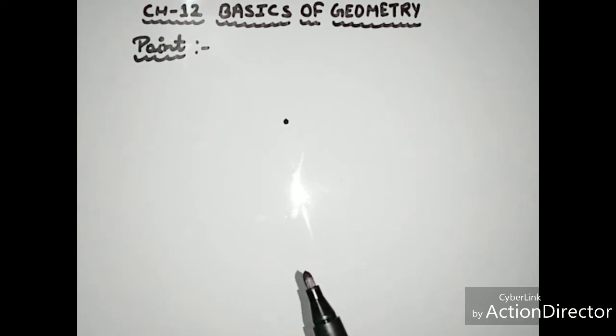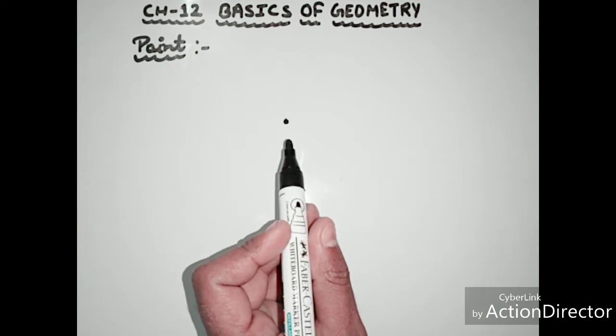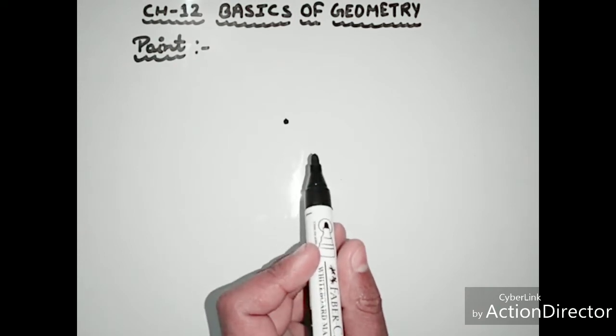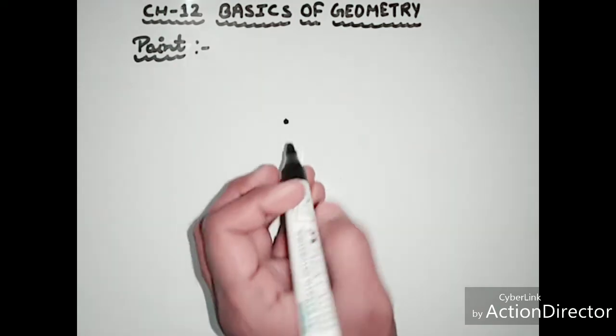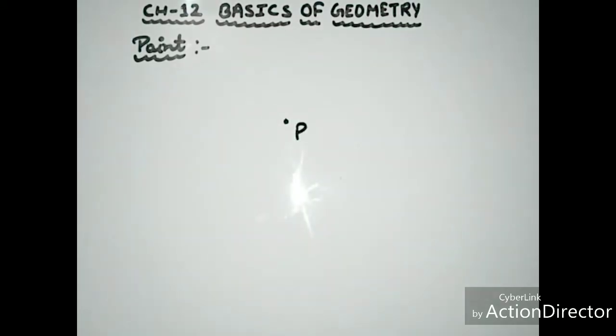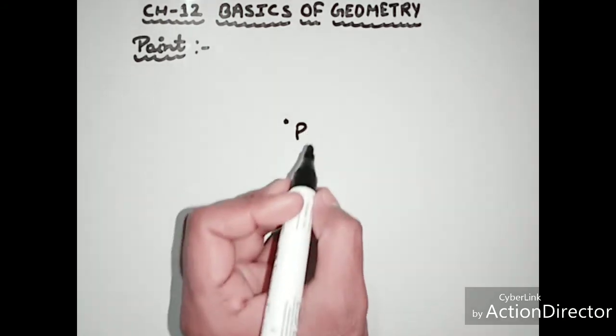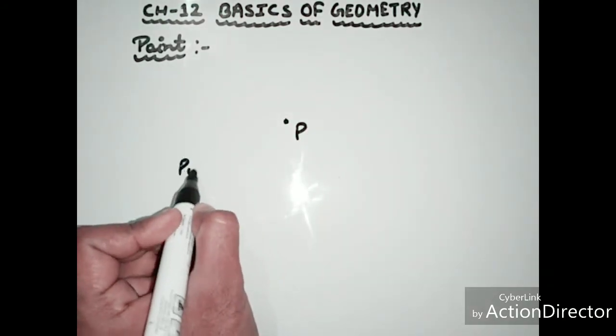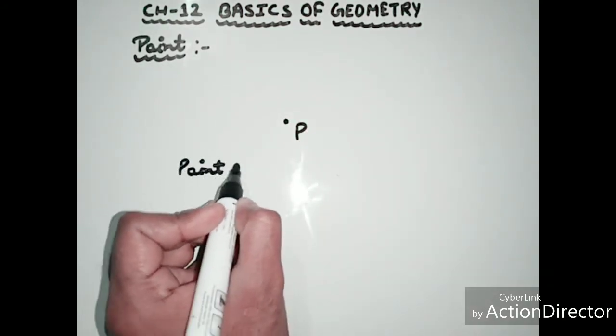It represents a position only. We represent a point by a dot like this and name it with a capital letter, as point P.